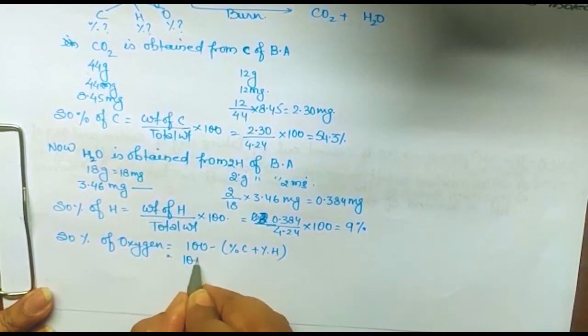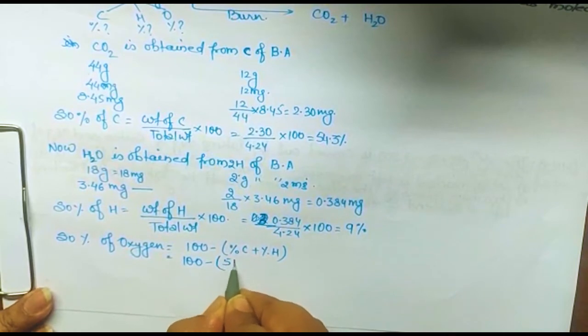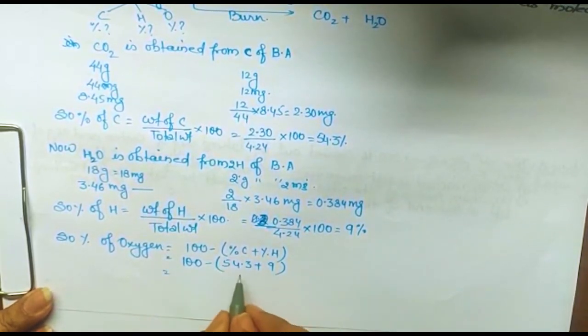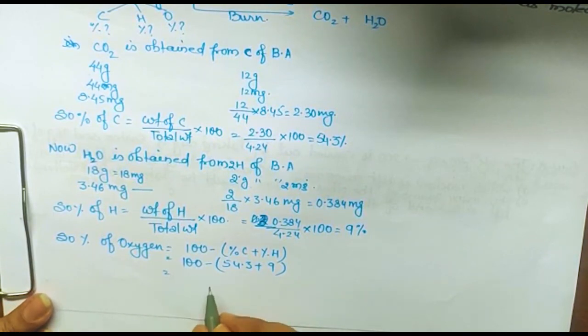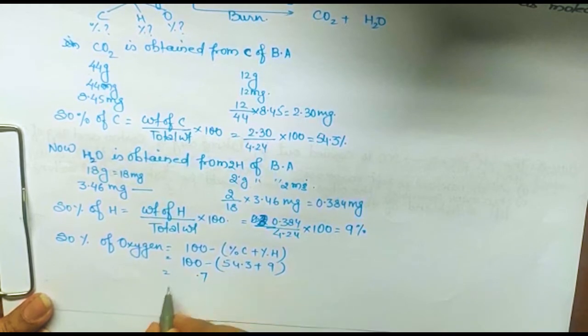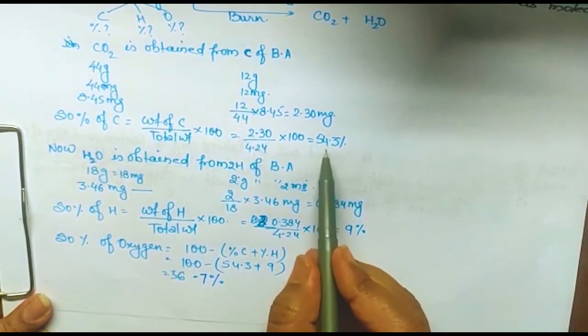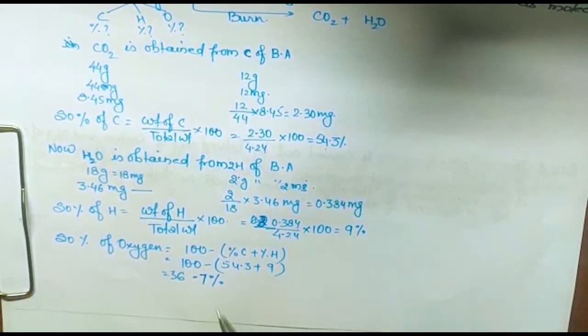That means 100 minus (54.3 plus 9). So this becomes 63.3, isn't it? So 100 minus 63.3 will be 36.7%. So we got the percentage of carbon, hydrogen and oxygen.